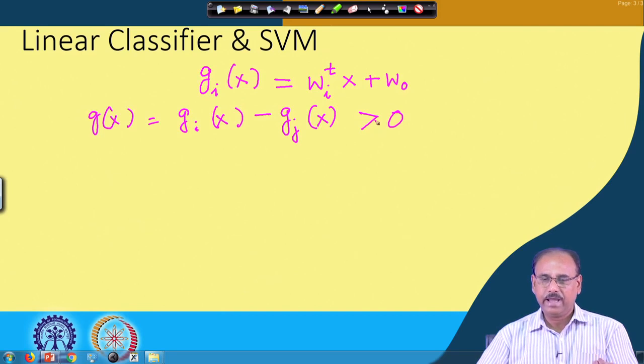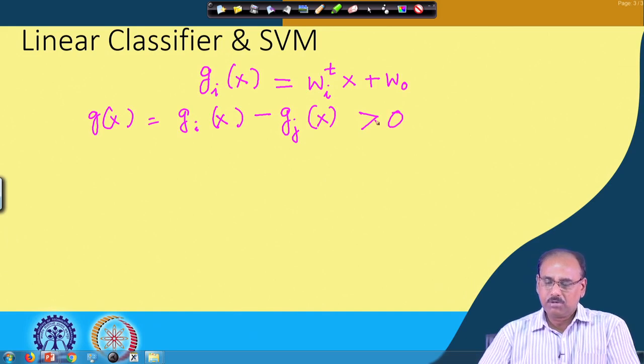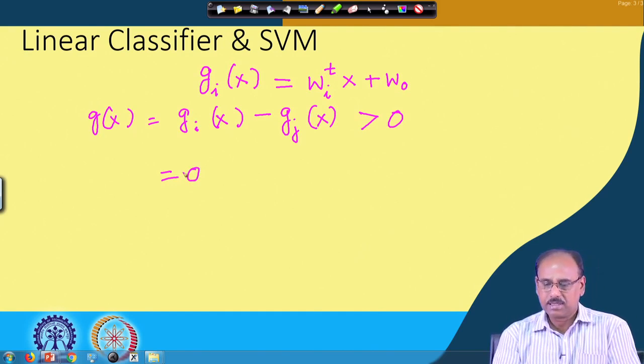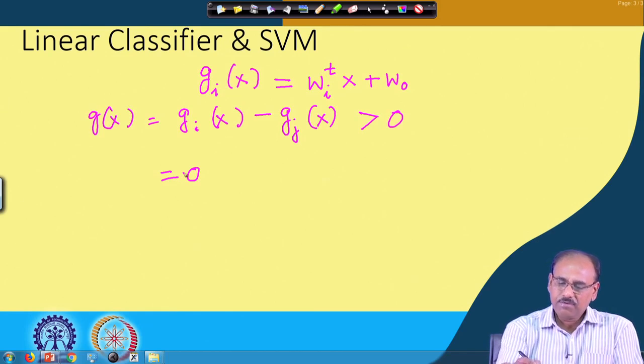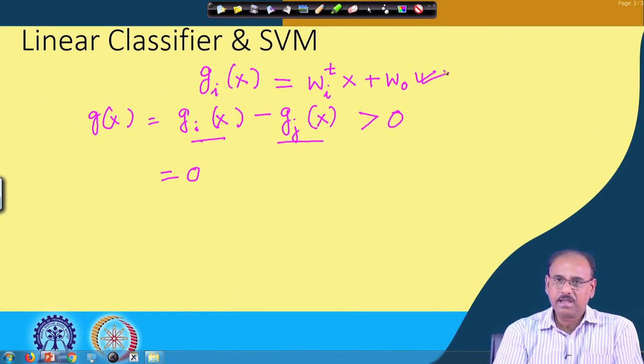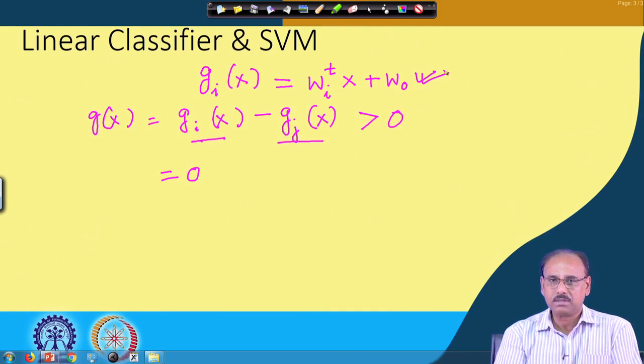Whereas, if Gj(x) is less than Gi(x), then obviously x belongs to class omega j. And the boundary between the two classes is given by G(x) equal to 0, when Gi(x) and Gj(x) are both the same. In such a case, if Gi(x) and Gj(x) are linear, then G(x) also becomes linear, which is the separating boundary between two different classes.